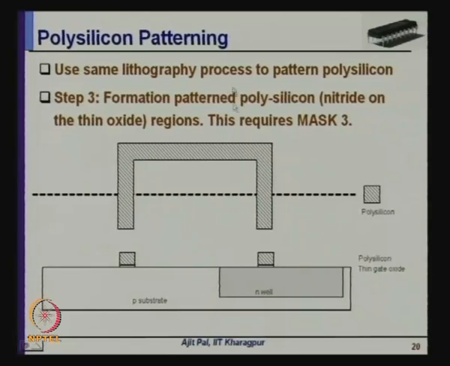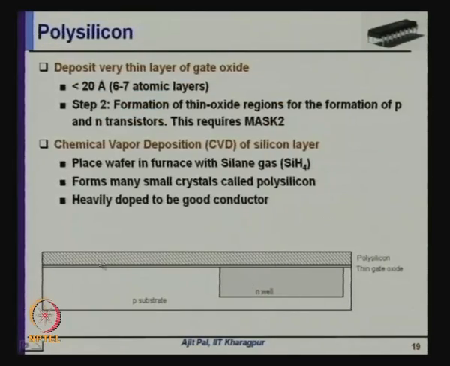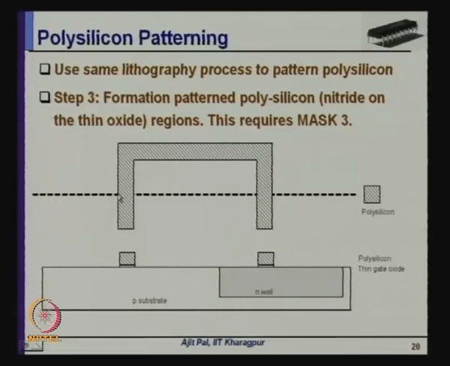So, another mask is used for the purpose of creating that patterned polysilicon layer. Use the same photolithographic process to pattern polysilicon. Earlier the polysilicon was deposited on the entire surface. Now, you have to create a patterned layer with the help of this mask called mask 3.